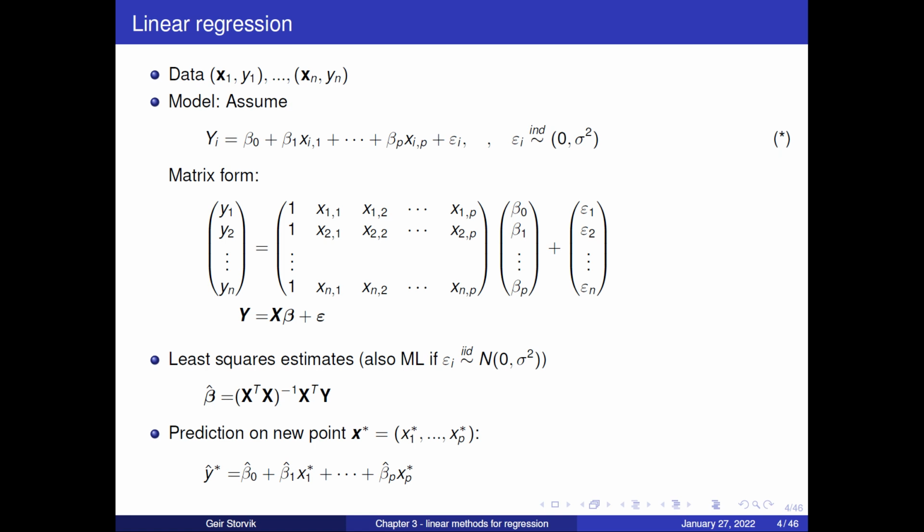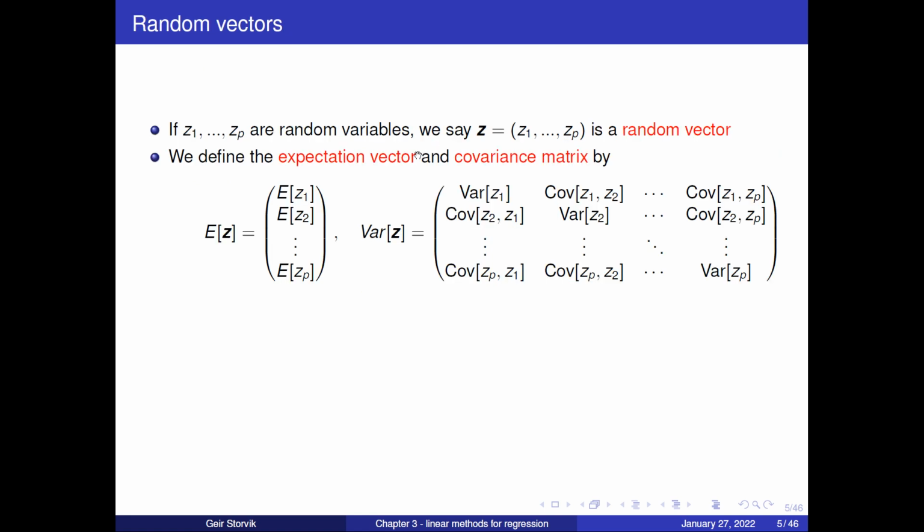Okay, I think I could just continue with using this presentation here now. In order to say something about the properties of the estimates beta hat and so on, we need to introduce some mathematical terminology. First of all, we will talk about random vectors.